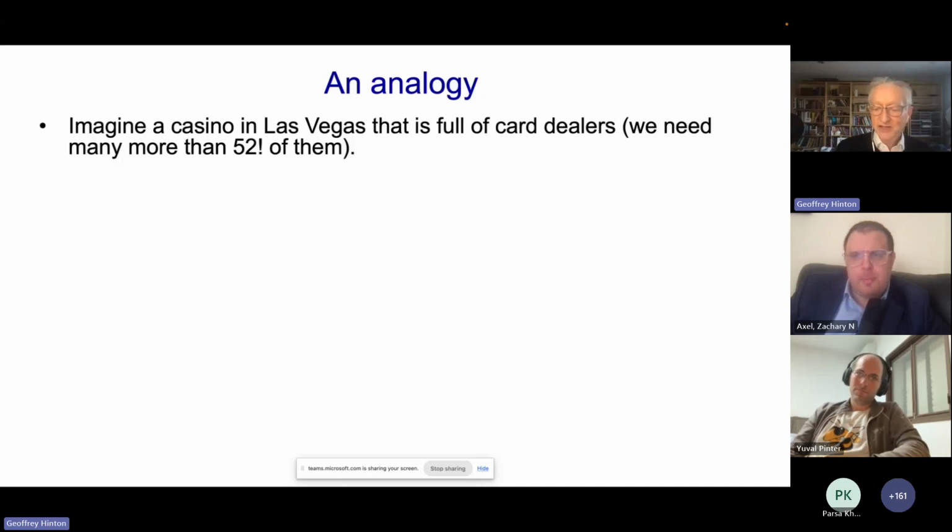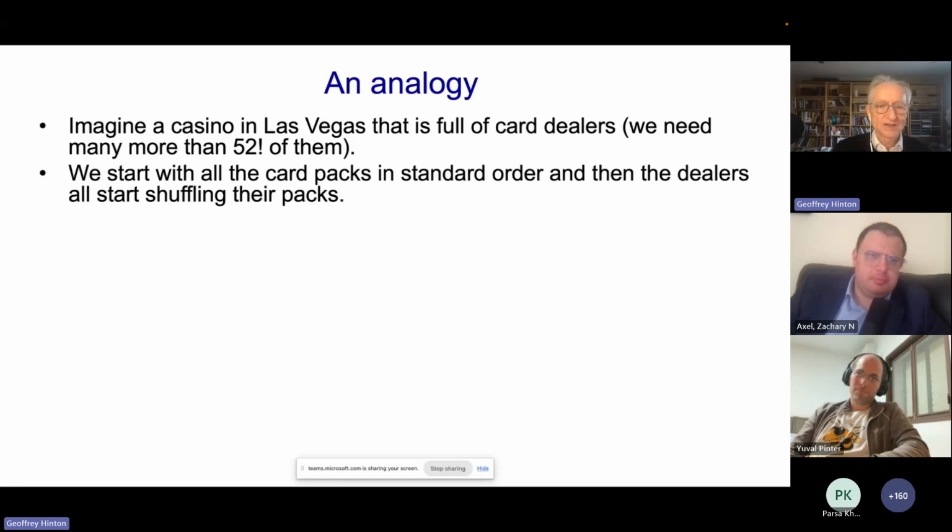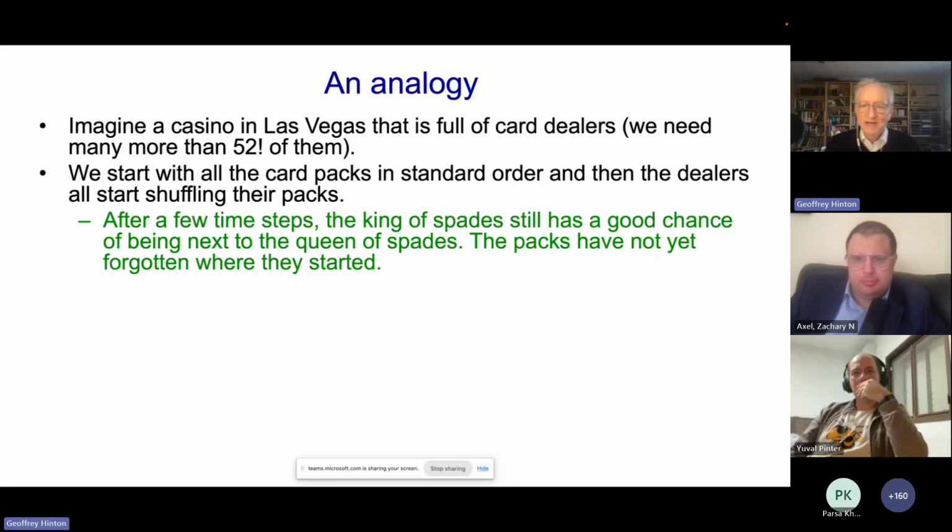Now, as they start shuffling, you'll get many more different configurations of the different packs of cards. But soon after they started shuffling, the king of spades is still quite likely to be next to the queen of spades. They haven't split them apart yet in the shuffling. So after they've only been shuffling for a very short time, there'll still be many more configurations of card packs where the king of spades is next to the queen of spades.